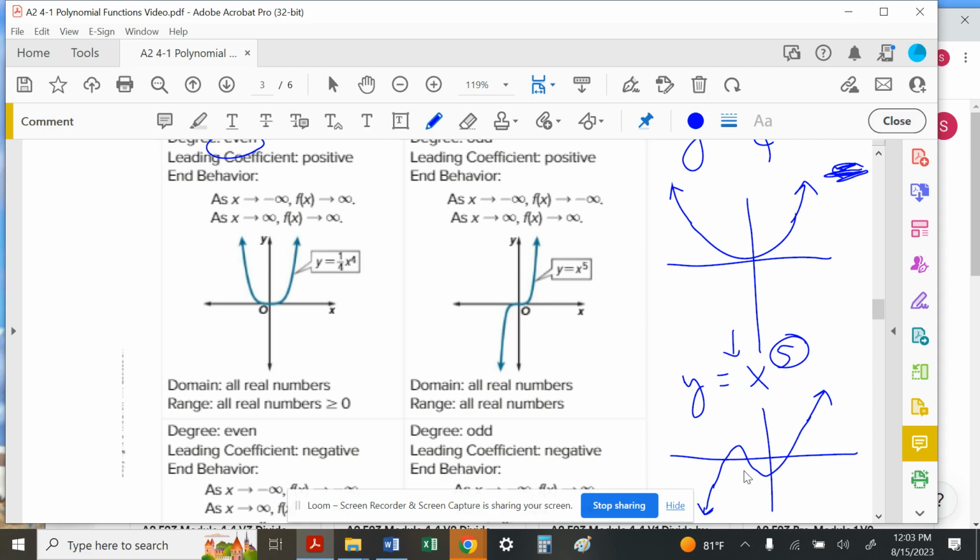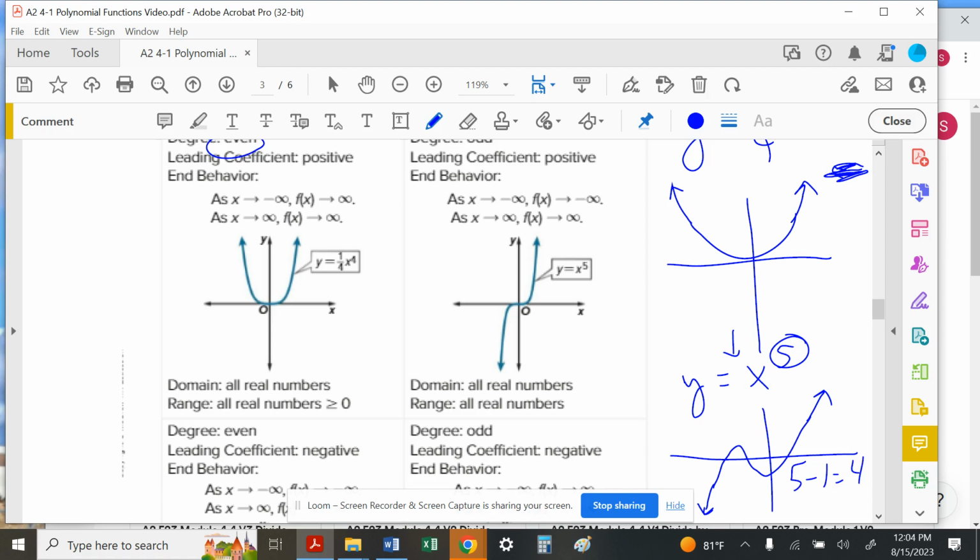And so you'll notice that this particular function changes directions once because it goes up and then it goes down. So that's one change. And then it goes back up. That's two changes. Notice that it changed twice. Okay. So how do I know how many of those it can potentially do? Well, we take a look at the power, subtract 1. So 5 minus 1 equals 4.